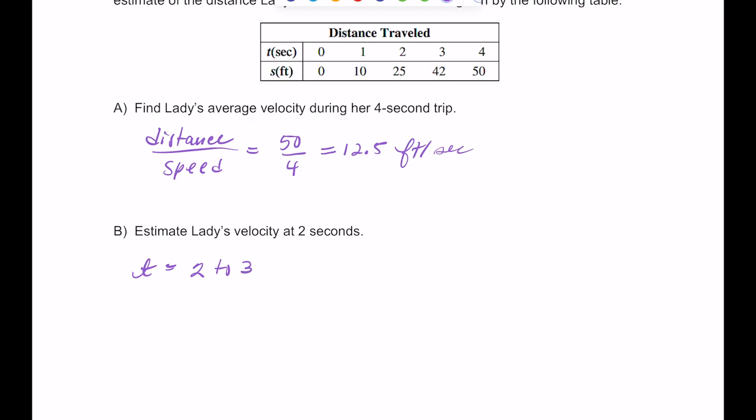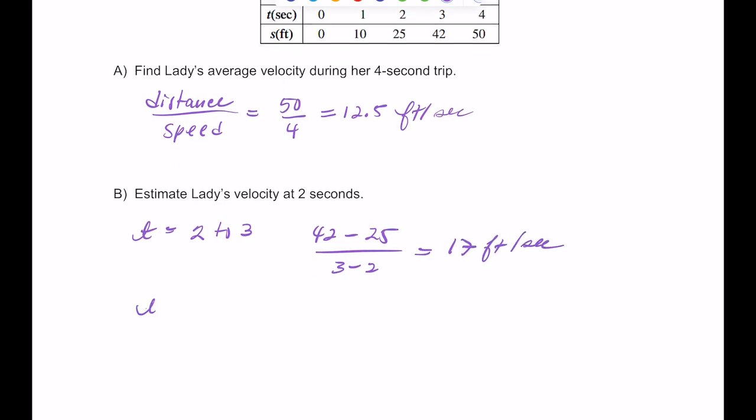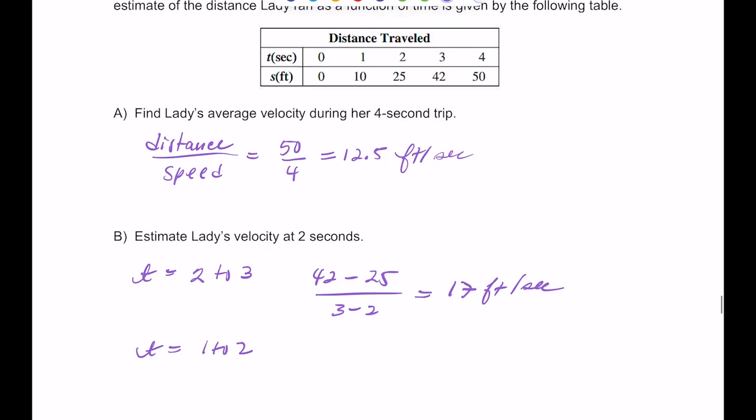So that would be 42 minus 25 over 3 minus 2. That would just give us 17 feet per second. And then maybe I want to do 1 to 2. So if that's the case, I've got 25 minus 10 over 2 minus 1. So that would be 15 feet per second.